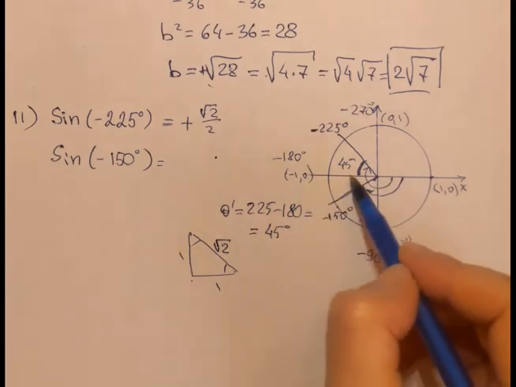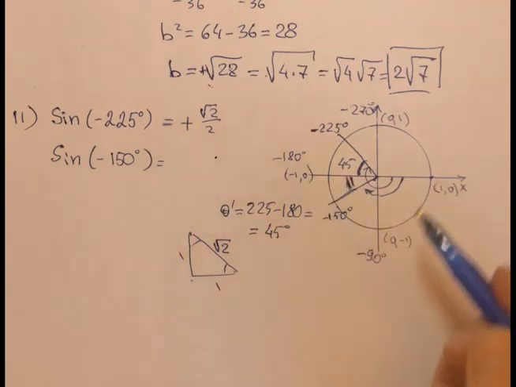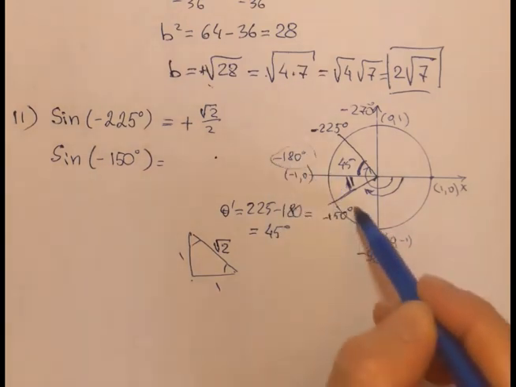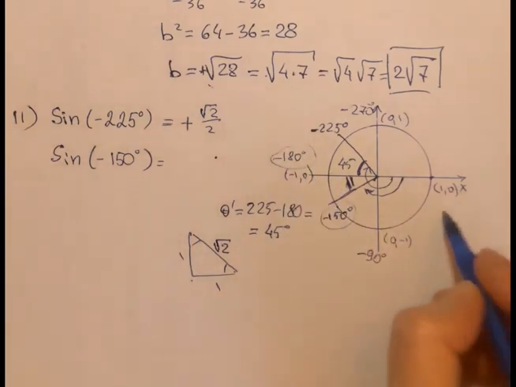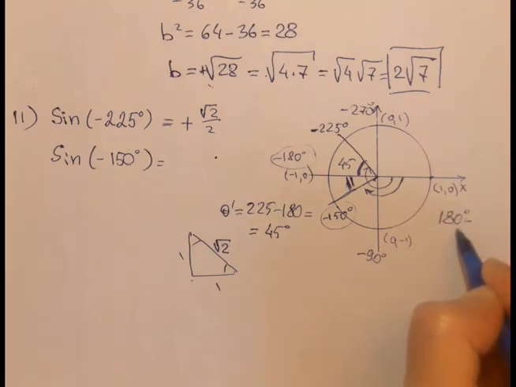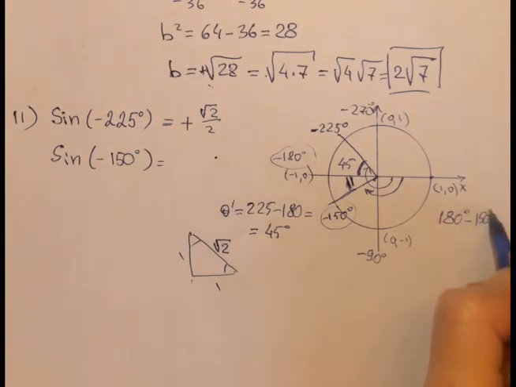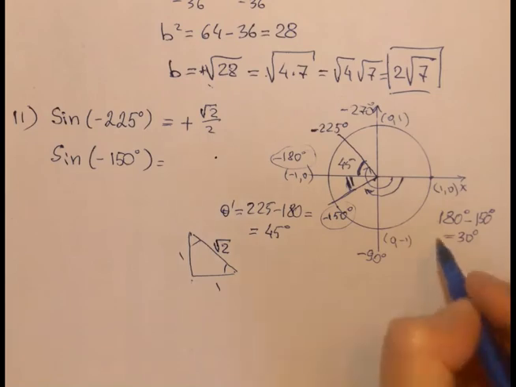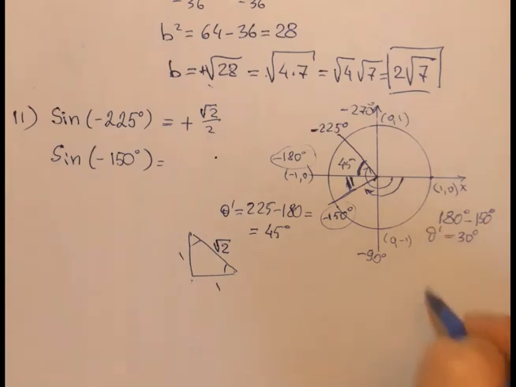The reference angle is the angle between negative 180 and negative 150. So we need only the positive difference between them. 180 degrees minus 150 degrees equals 30 degrees. So the reference angle theta prime is 30 degrees.